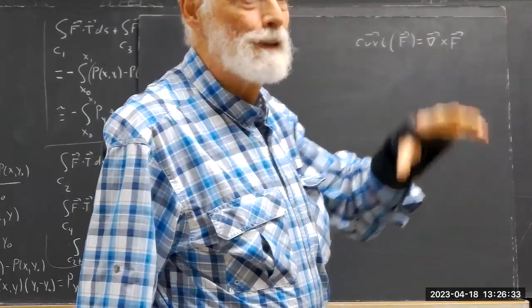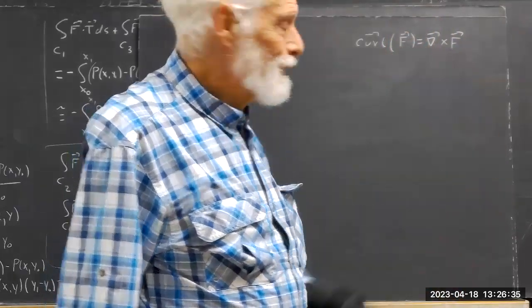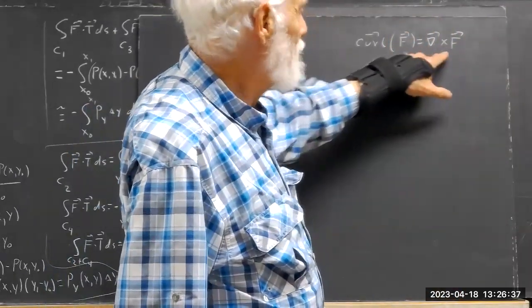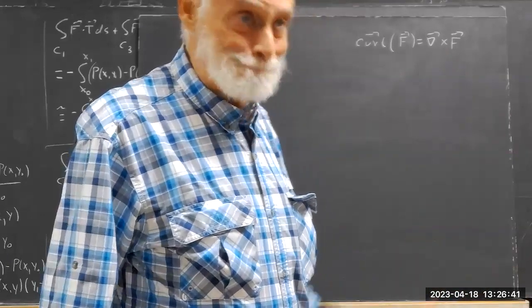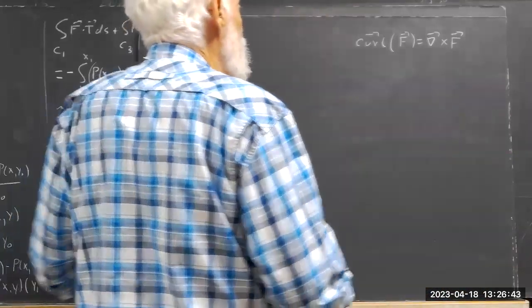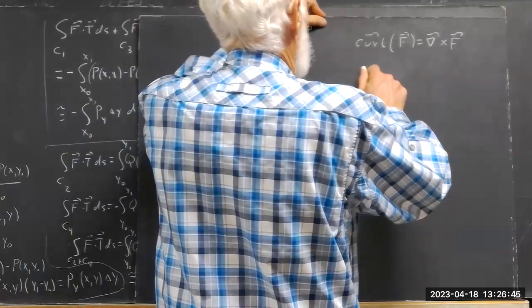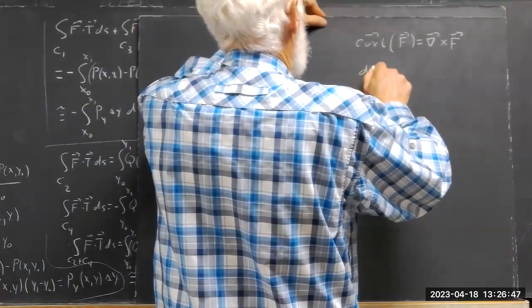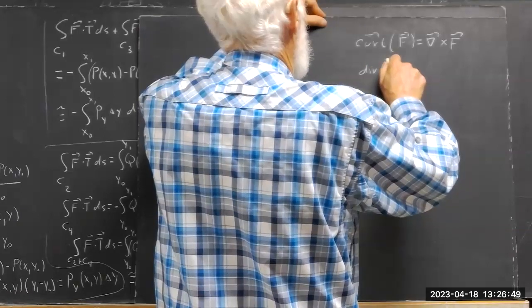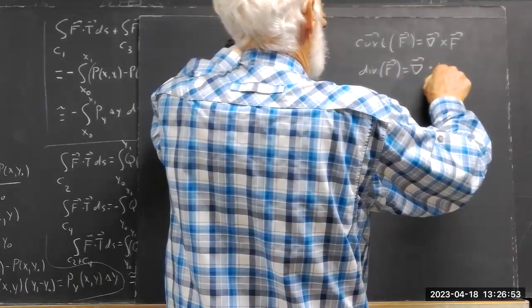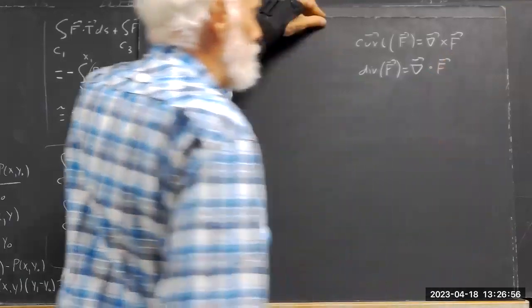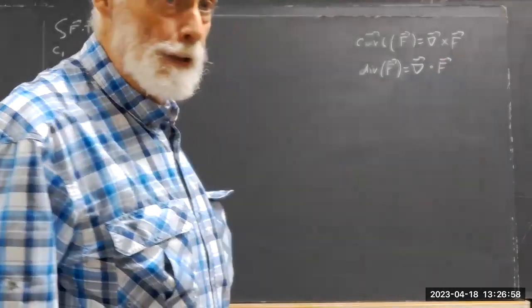They have a nice way of stating why this isn't really a valid operation, but we treat it as if it is anyway. Okay. It worked. And the version of that is curl F.